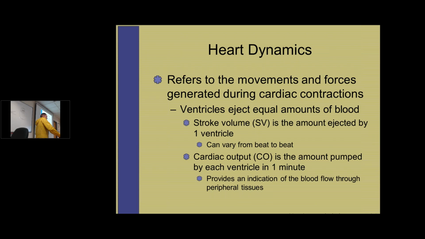So now we're going to be talking about basically cardiac output. Stroke volume is the amount of blood pumped out from the ventricle. The cardiac output is the amount of blood from the ventricle over a minute.